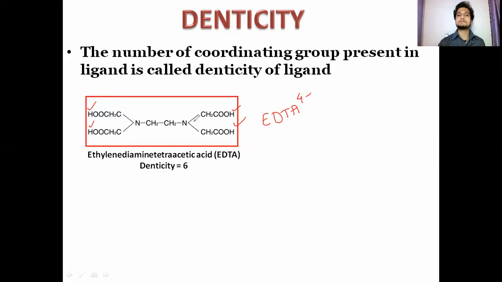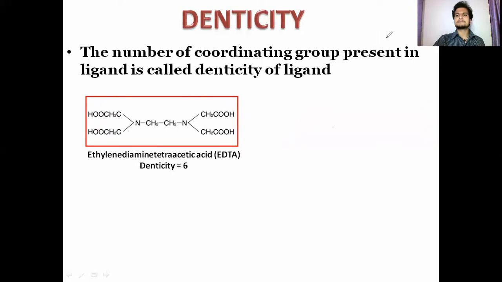So it converts into O minus, O minus, O minus and O minus. You can clearly see there will be 4 O minus, so there will be 4 donors. On top of that, the 2 nitrogens have lone pairs, so they can also donate. As a result, how many coordinating sites are there? 6. So such a ligand has a denticity of 6. What do we call it? Hexadentate ligand.